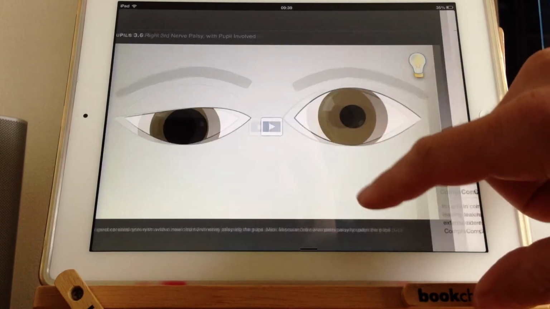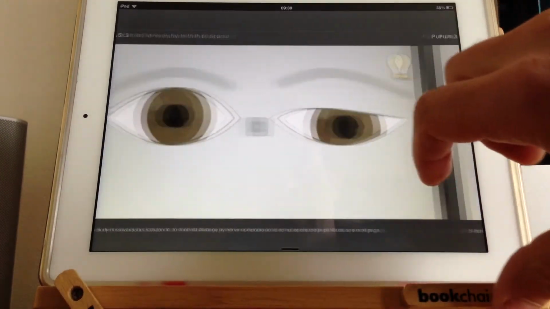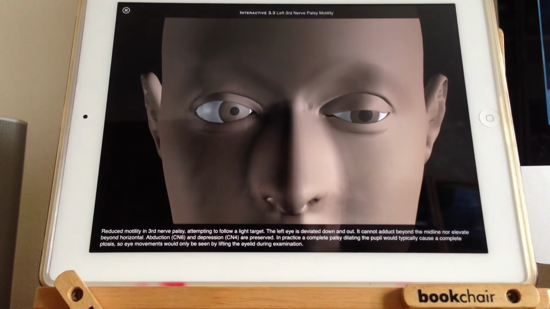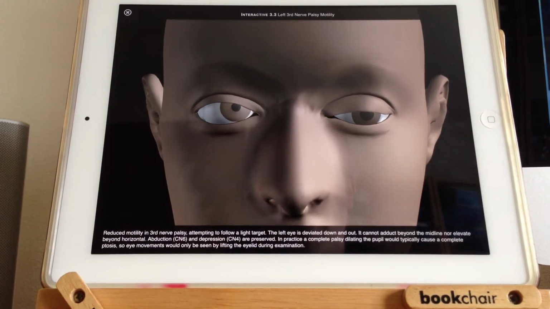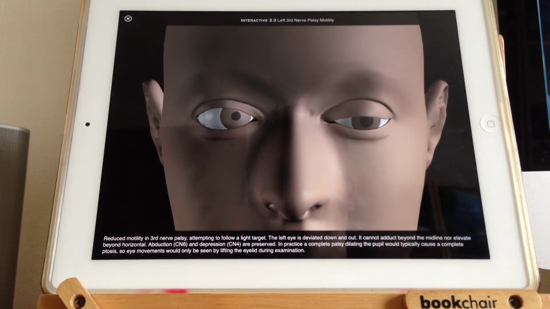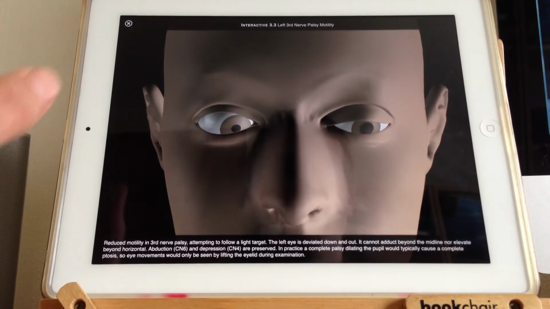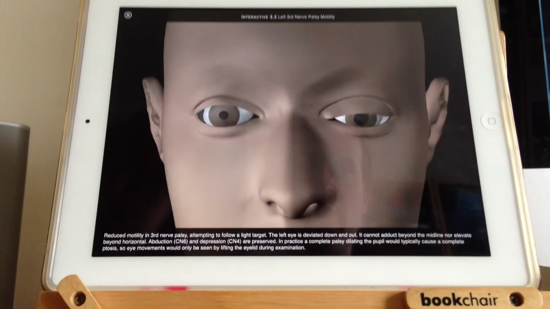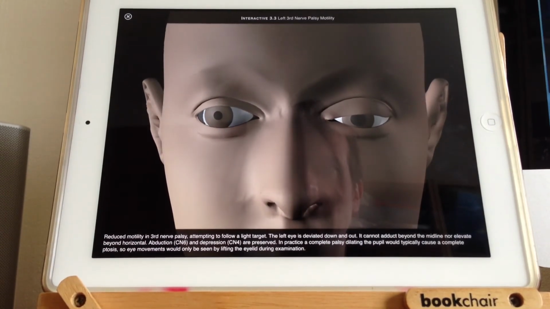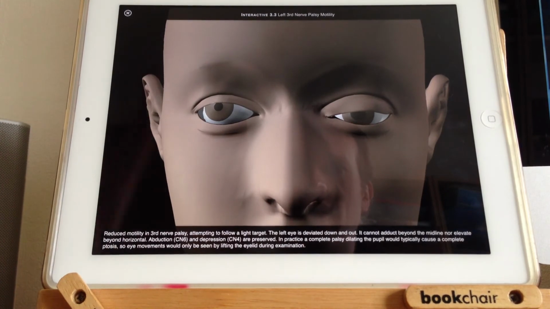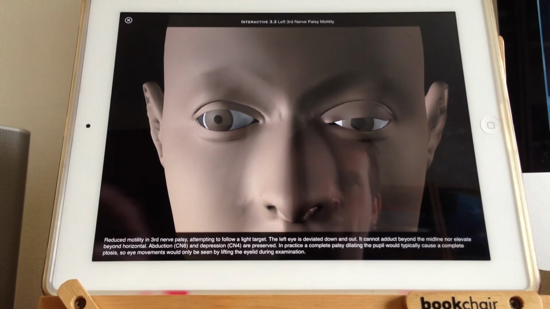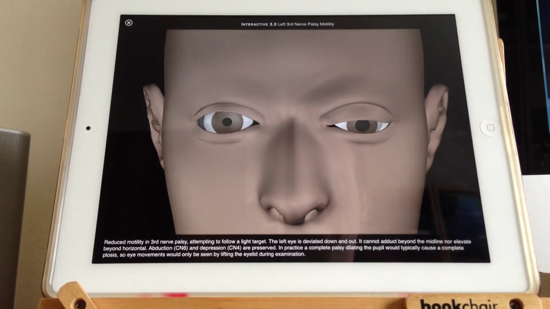And then this is just showing what sort of eye movement abnormalities you might detect with a third nerve palsy. So it's that same left side where it's abnormal, and as we're moving our light target across, you can see that this left eye doesn't go up.